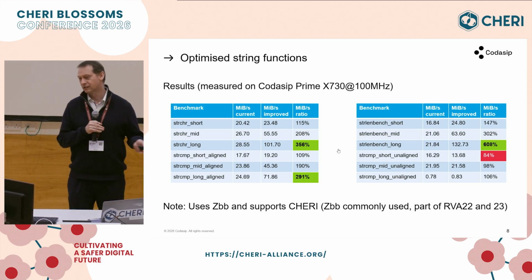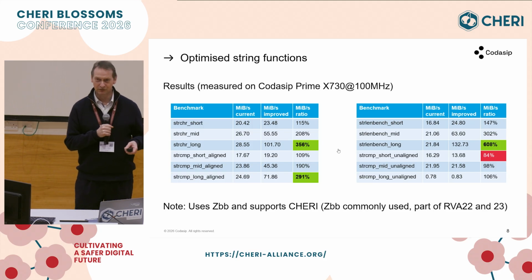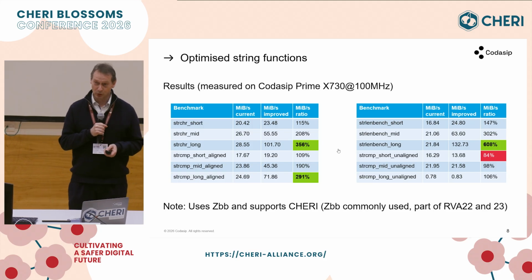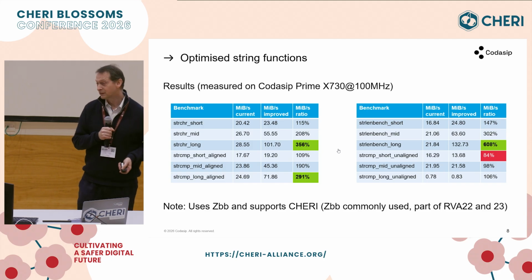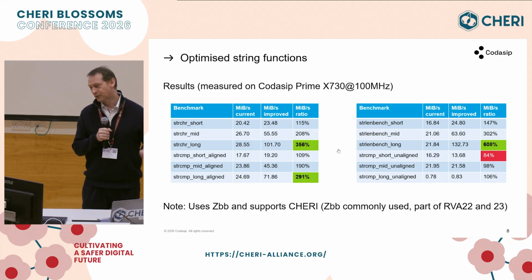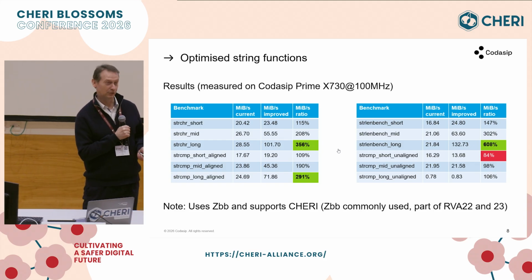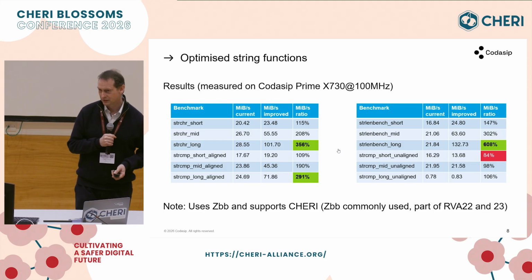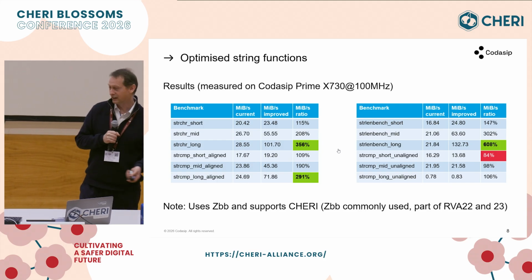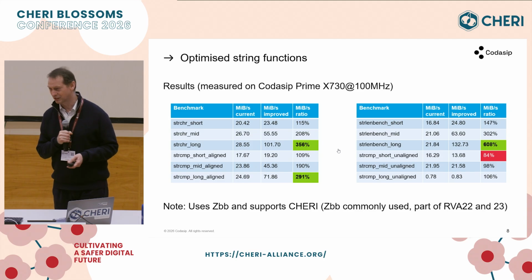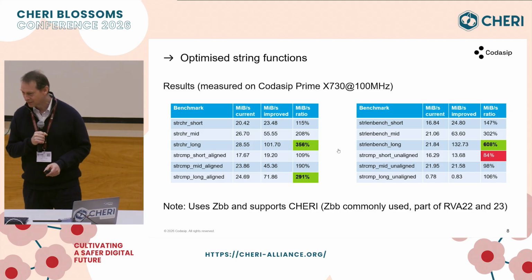So we decided to make all of the string functions suitable for CHERI. We also added in Zbb support to accelerate them. Generally, because we're looking at application cores, RVA22 and 23 both mandate Zbb. And you can see already, particularly on the longer transfers, we get very substantial performance increases.